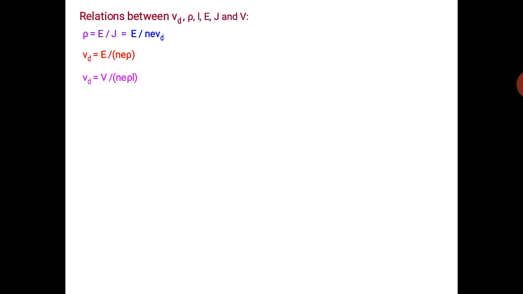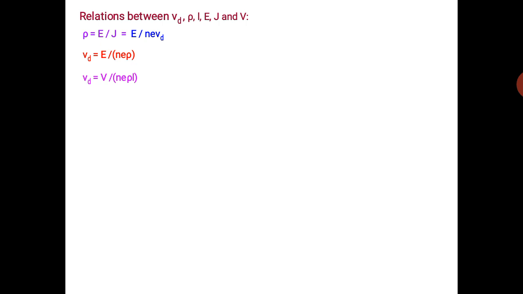See, resistivity is E divided by J, or E equal to J into rho. So, J is current density, and we can write this current density as N e Vd. Vd is drift velocity, e is the charge of the electron, and N is electron density. Next, from the above relation we can write Vd as E divided by N e rho.